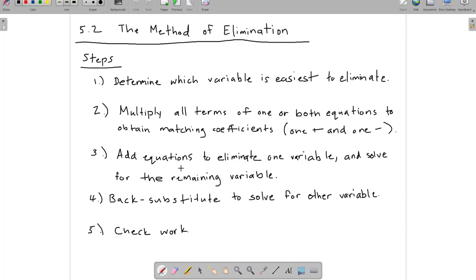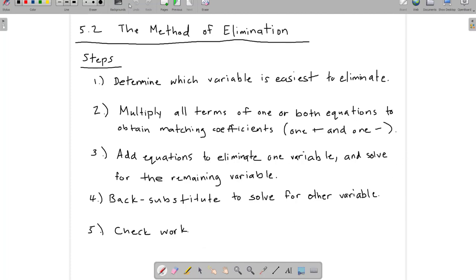We're then going to add the equations to eliminate one of the variables, and then solve for the remaining variable. Like in my example on the first page, we were adding those equations to get rid of the x variable, and then we would solve for the y variable. Then we're going to back substitute to solve for the other variable once we've solved for one. And finally, we'll check our work.